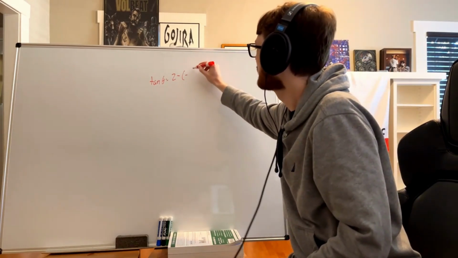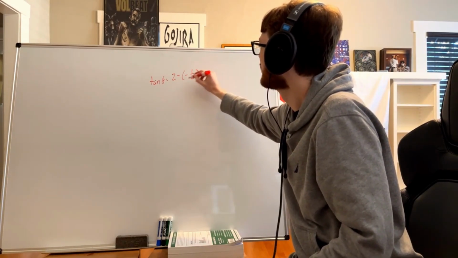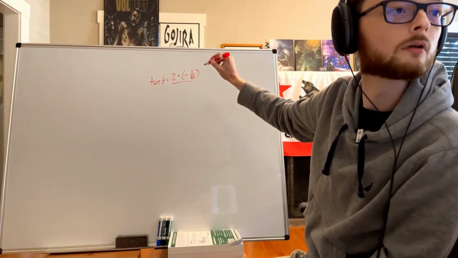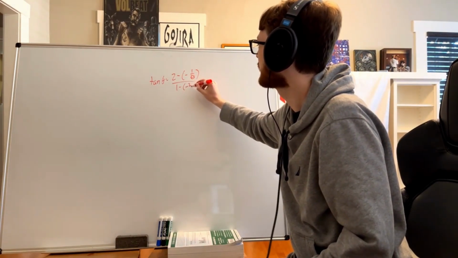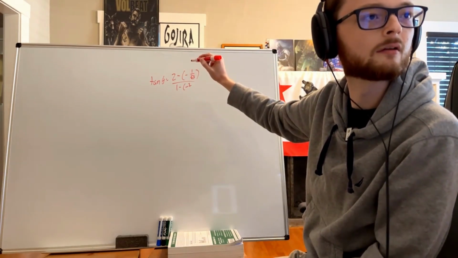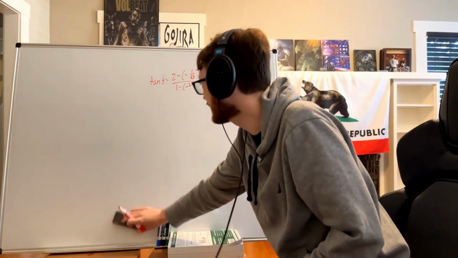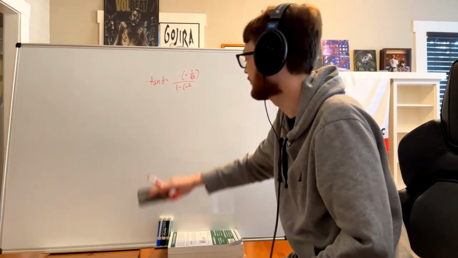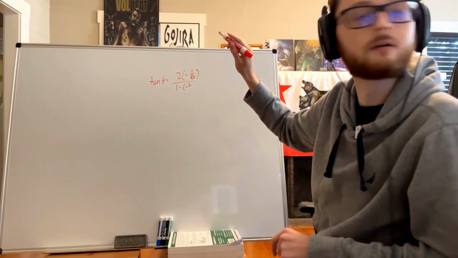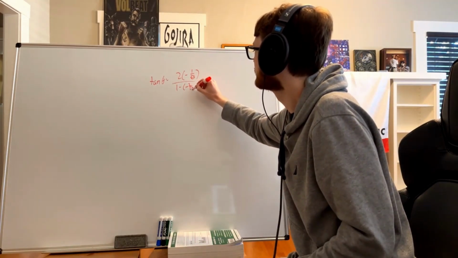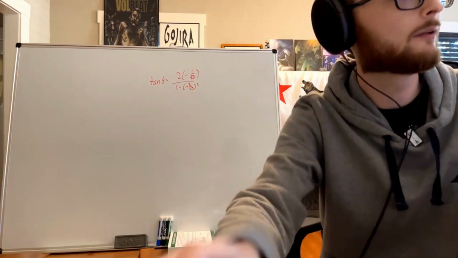Two times minus 1 over root 3 over 1 minus... wait, also, that's 2 times that. Okay, I was just thinking this formula seems off. Let me verify the identity again.